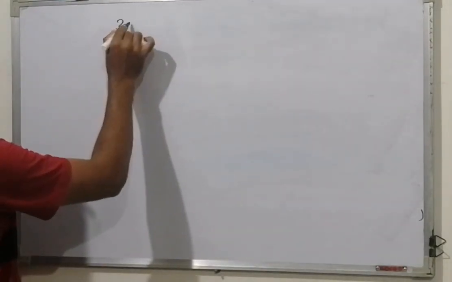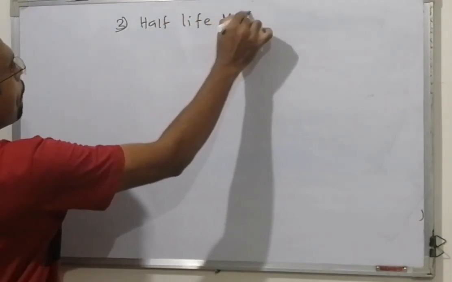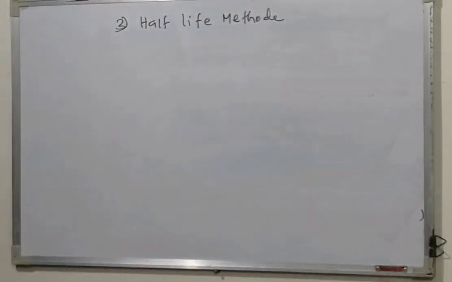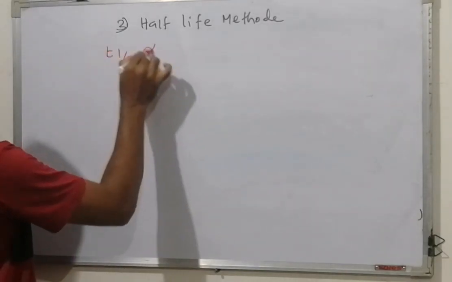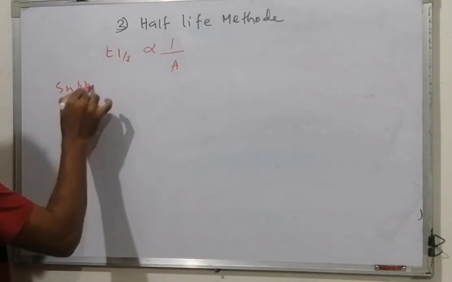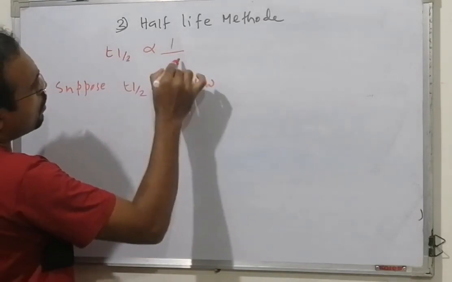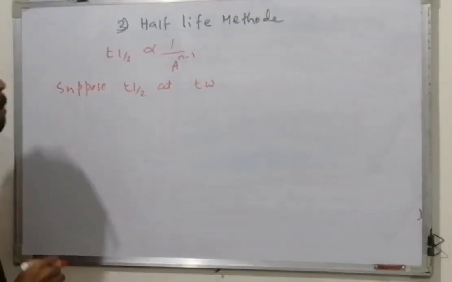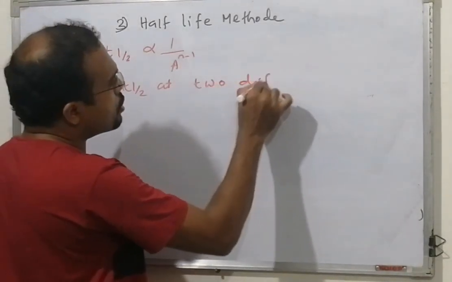Dear students, the third is the half-life method. You know, half-life is inversely proportional to concentration raised to n minus 1, at two different concentrations.